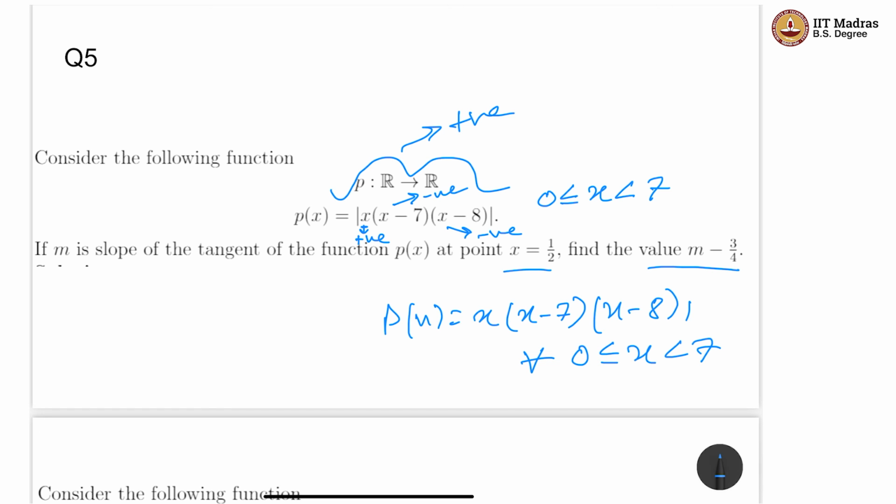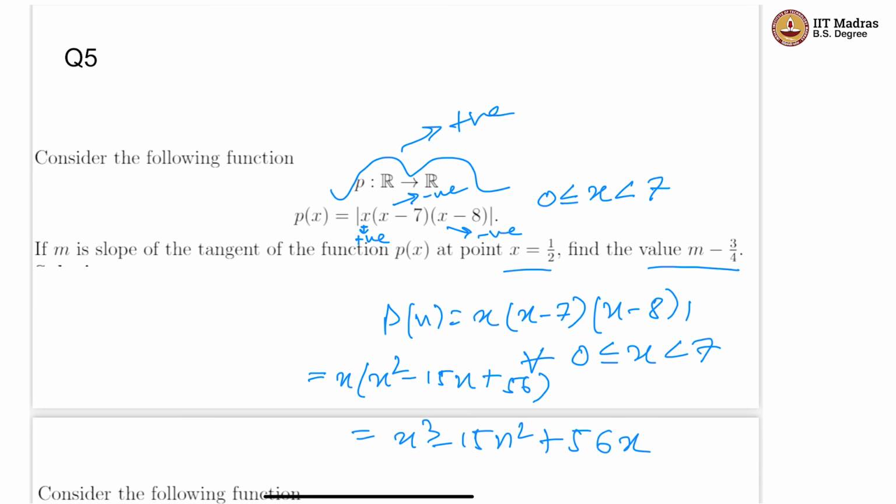Now we can expand, so we will get x square minus 15x plus 56, right? So this will be equal to x cube minus 15x squared plus 56x. Now we can differentiate it.